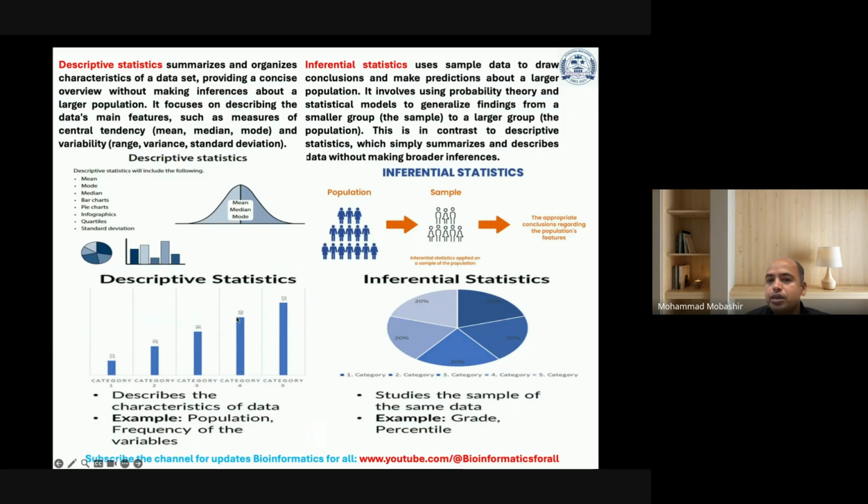And if you want to understand in very short how it could be applied for a case study, here you can see it describes the characteristics of data, for example, population, frequency of the variables. Here it studies the sample of the same data, for example, grade, percentile.